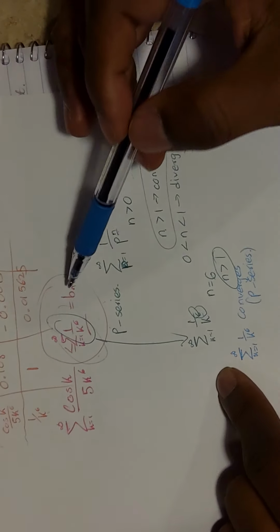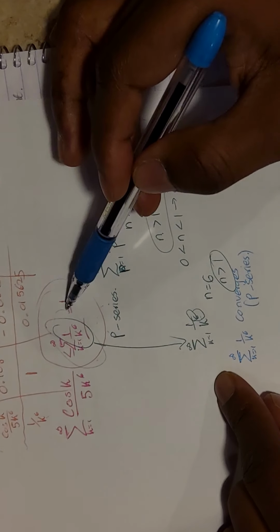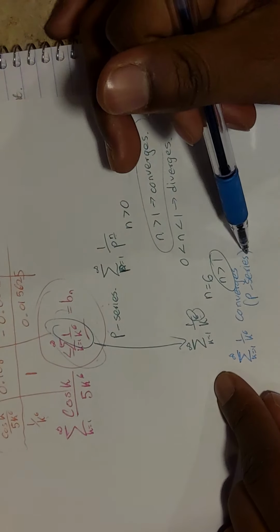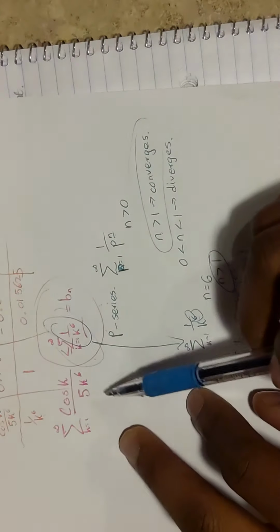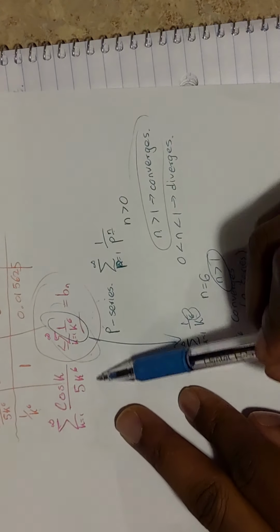And since this b sub n converges over here, then this guy has to converge as well, right?